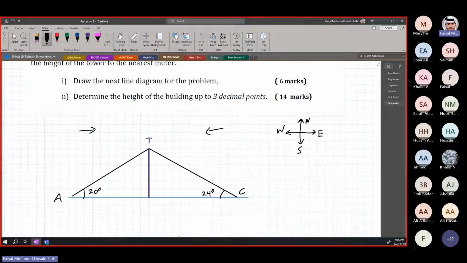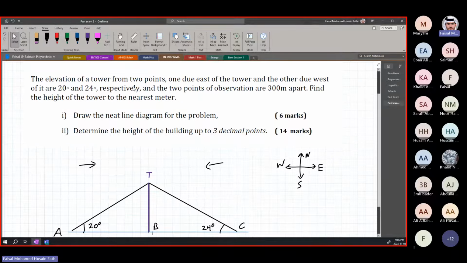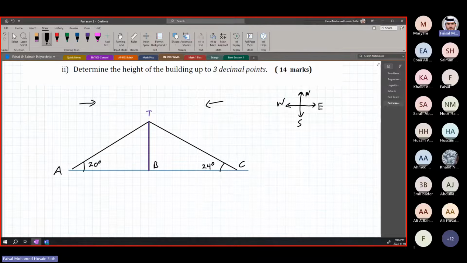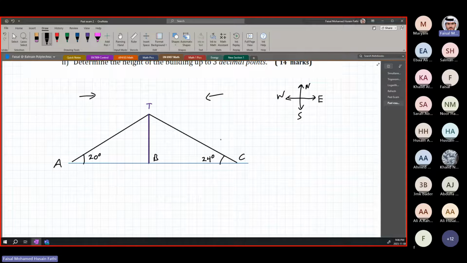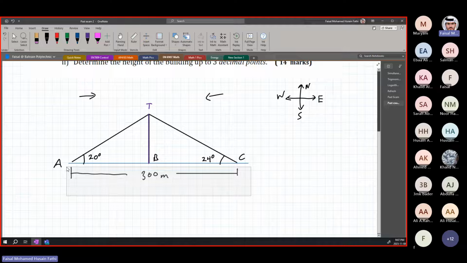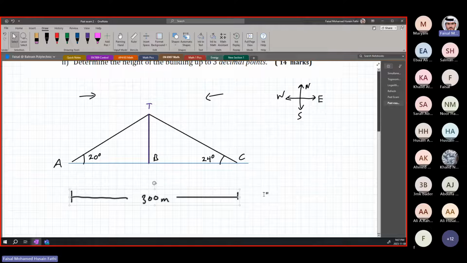Now we know that the 2 points of observation are 300 meters apart. So AC, from here to here, is 300 meters, the whole distance. Let me move this a bit lower because later we will have to define the specific distances. So the whole distance is 300 meters.